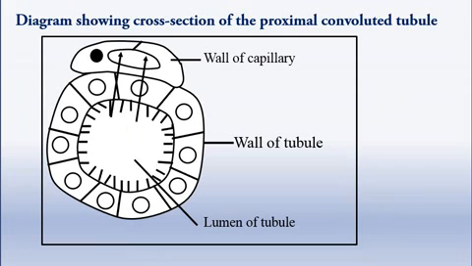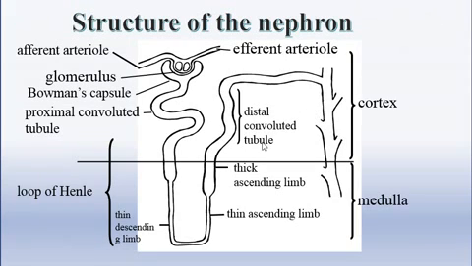In the drawing is the section through the proximal convoluted tubule. This is the lumen of the tubule. Then this one forms the wall of the tubule. However, it is also surrounded by blood vessels known as the vasa recta.